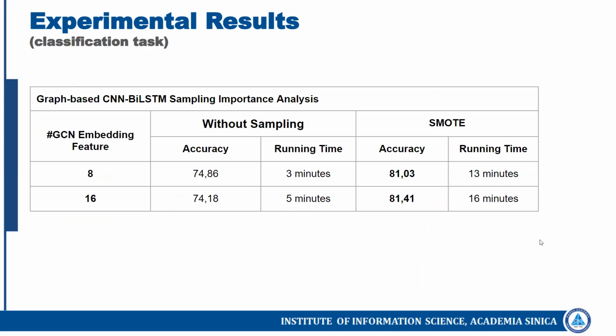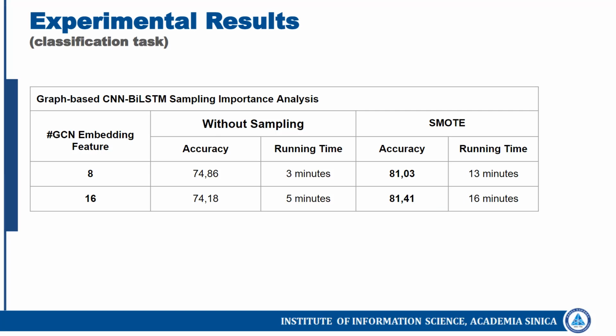And to observe the behavior of this approach for the combining effect of class imbalance, we are considering the SMOTE algorithm. This figure summarizes the result obtained after performing the graph-based positional dependency feature by using CNN BLSTM, by varying the accuracy and the running time during the sampling.